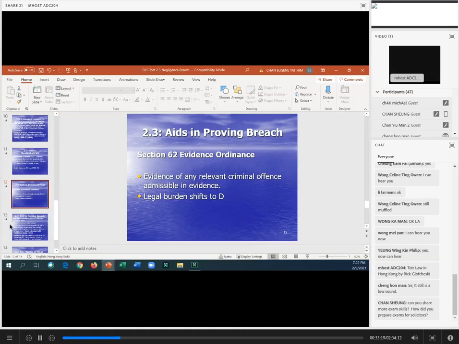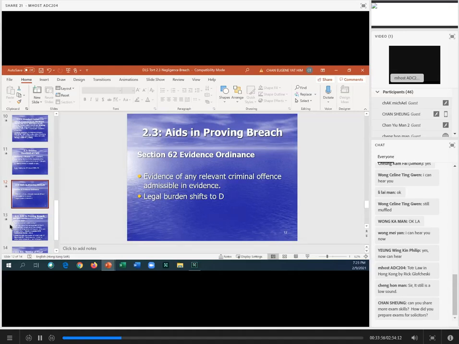So that's section 62(1), but it's important to note section 62(2), which says that the burden of proof is reversed and the legal burden shifts to the defendant. So section 62 is an aid to the plaintiff to prove breach of the duty of care. Remember, if the traffic accident is such that the plaintiff is knocked unconscious, for example, he may not have any evidence to give.